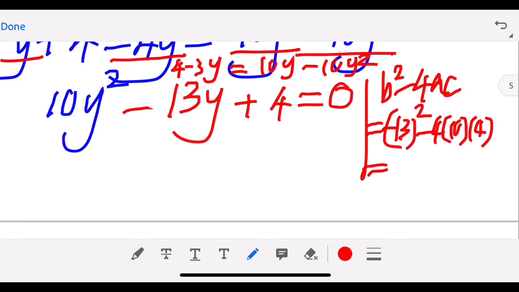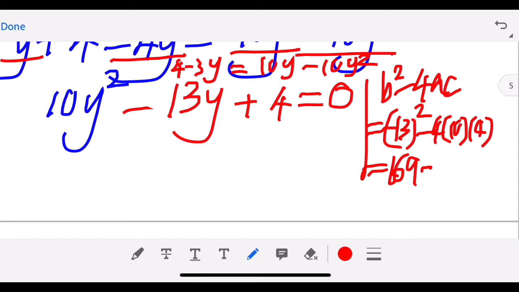So you're having 169 minus, b squared minus 4ac. If you simplify carefully, you will get the root. Can it be simplified? If it cannot be simplified, that normally means it cannot be factorized. So we always double check the type of the roots first.